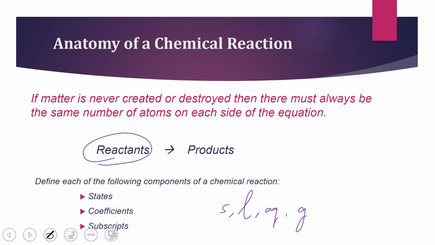So these are our states, and our coefficients are the large numbers in front of our species that are reacting. Species we often use to define just the individual compounds that are reacting. So if I took, let's say, hydrogen gas and oxygen gas and reacted them to make water, then hydrogen is one species in this equation, oxygen is another, and water is the final product species that we're forming.